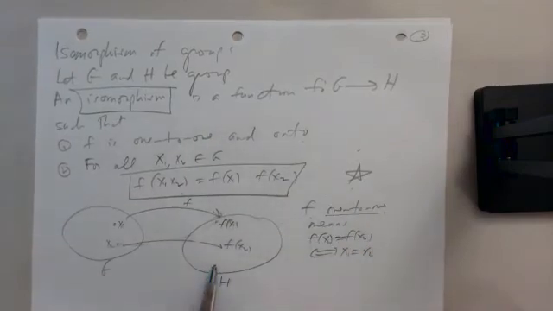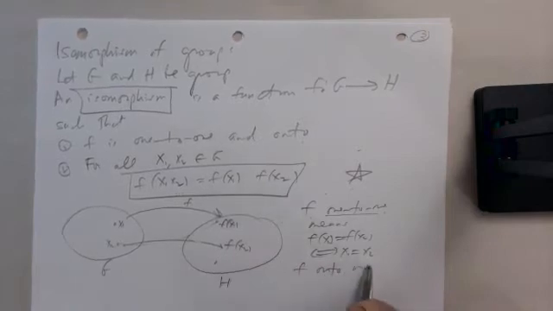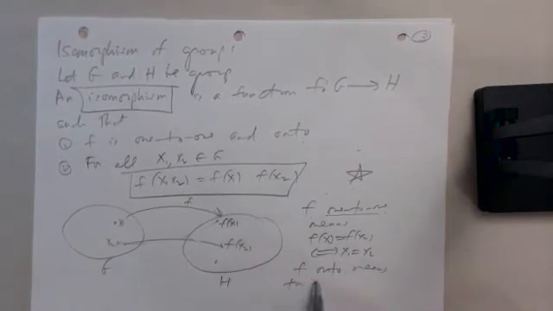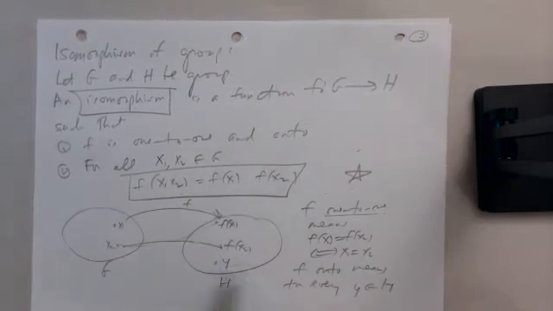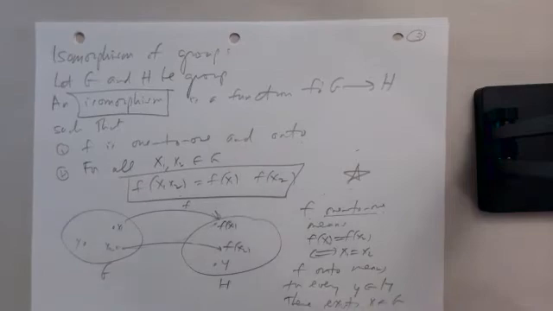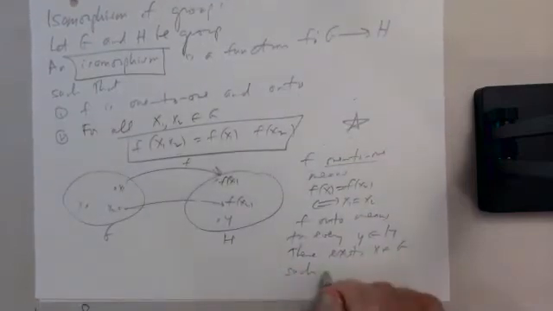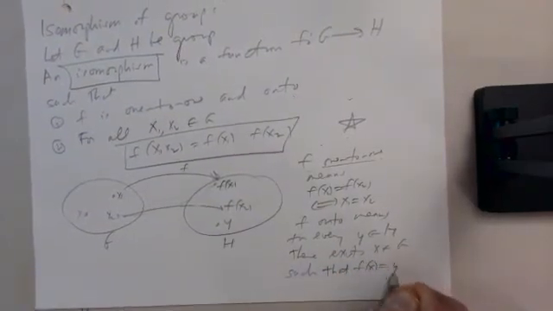And what onto means is, f onto means that for every element y in H, there exists x in G such that f of x is equal to y.